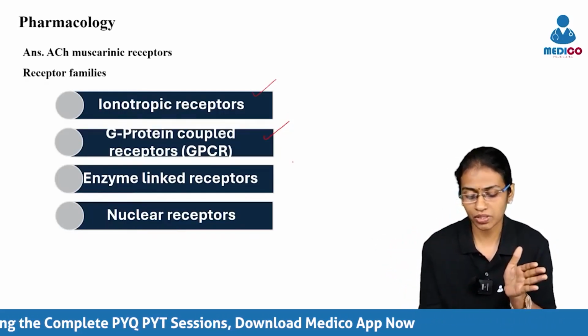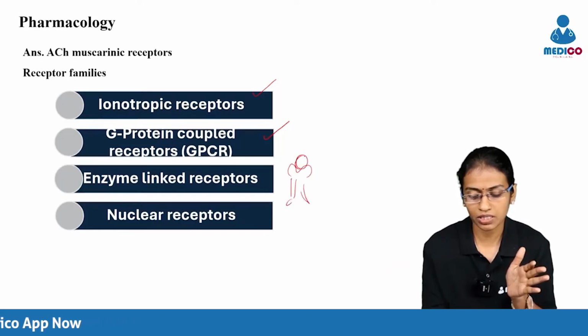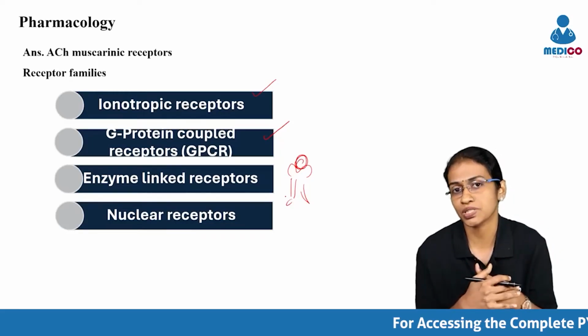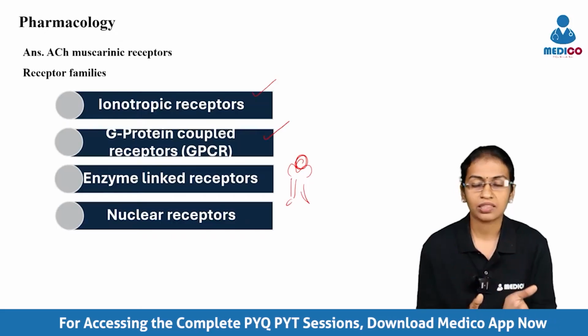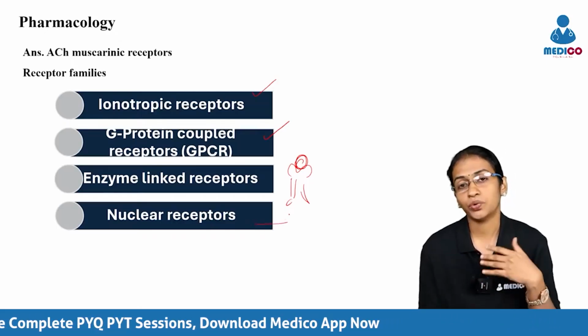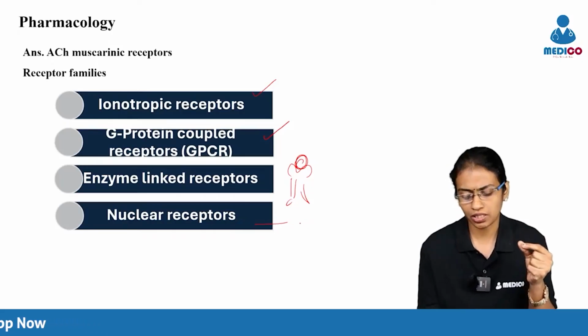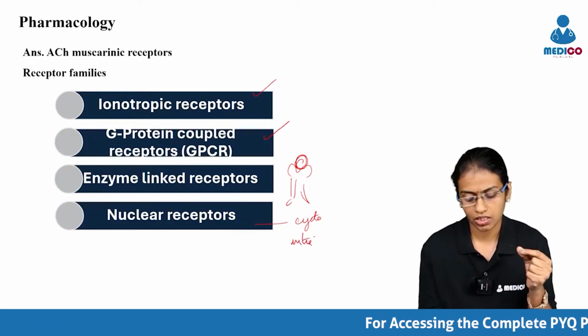Enzyme linked receptors have an extracellular and an intracellular component. Once the drug binds to the extracellular component, the intracellular enzyme, usually a tyrosine kinase, gets activated, phosphorylates and brings about the action. Then you have nuclear receptors. Nuclear receptors are usually cytoplasmic as well as intranuclear receptors.